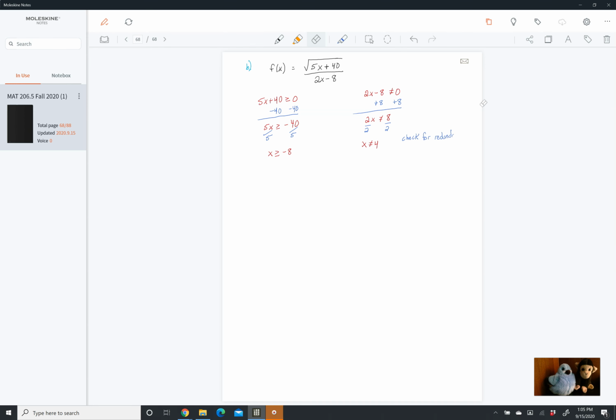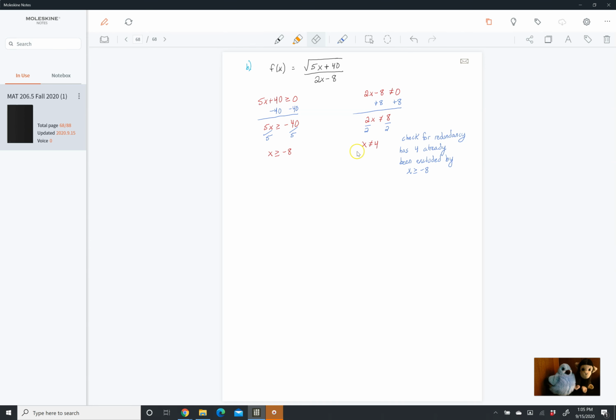What does this mean? Notice we're always looking at the one that says not equal to. We're saying, has 4 already been excluded by x greater than or equal to negative 8?